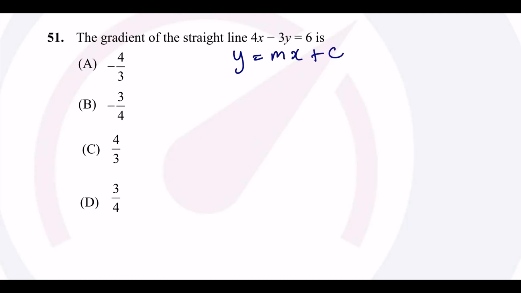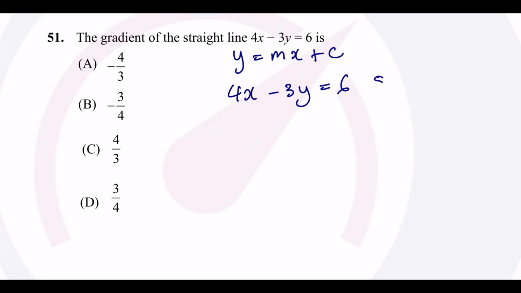Alright, so let's go ahead and transpose 4x minus 3y equals 6 for y. So first we're going to subtract 4x on both sides.